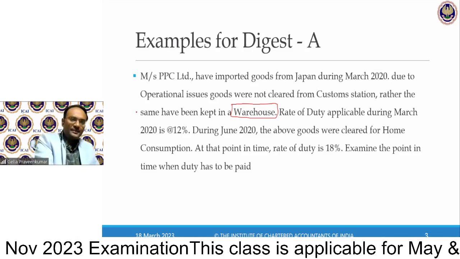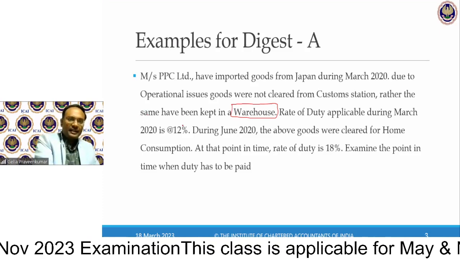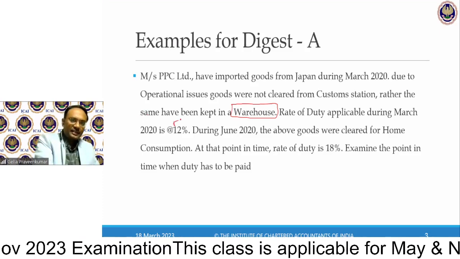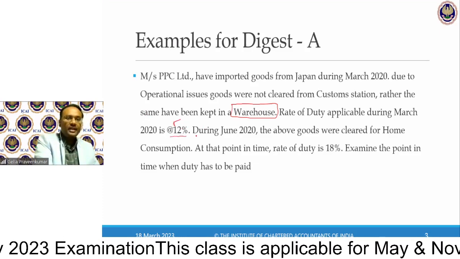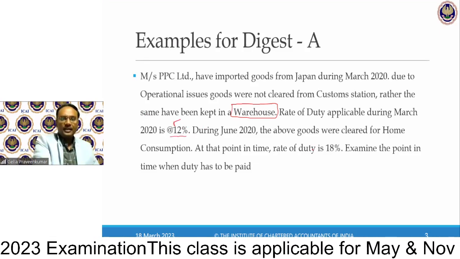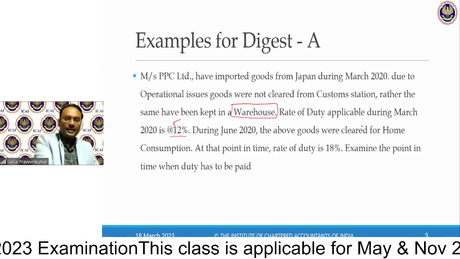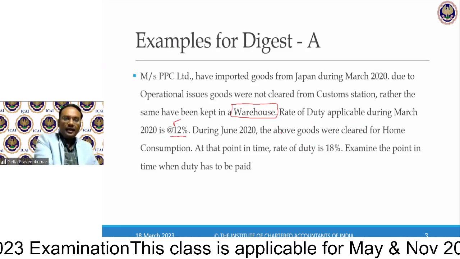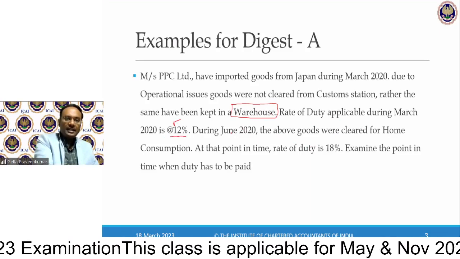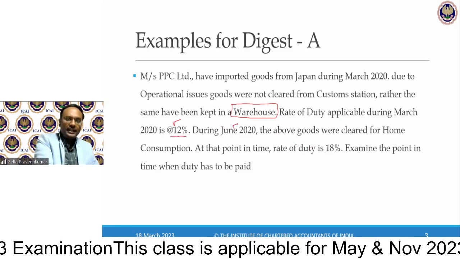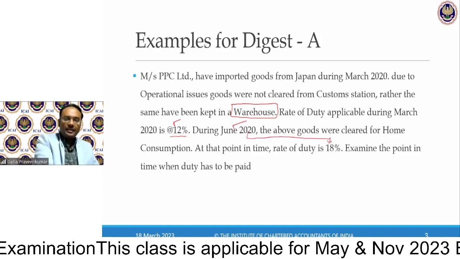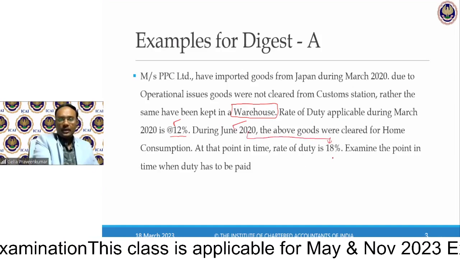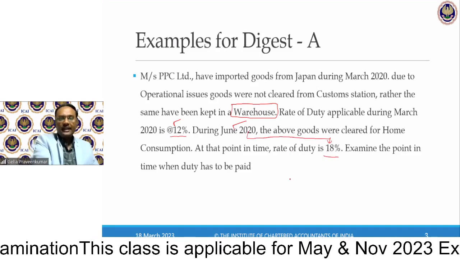So what happened the day when this metal reached the customs station or customs premises for the first time, the rate of tax happens to be 12%, the duty. But I have kept this particular goods in a warehouse and I made the clearance during the period June 2020. At this point in time, when I have cleared material from customs bonded warehouse, the rate of tax happens to be 18%.